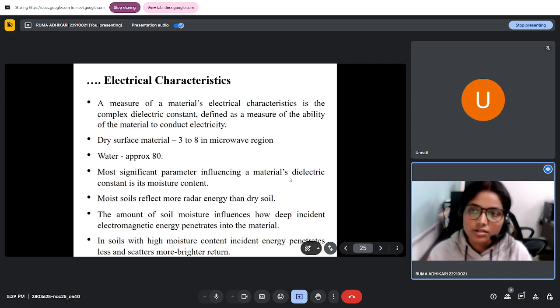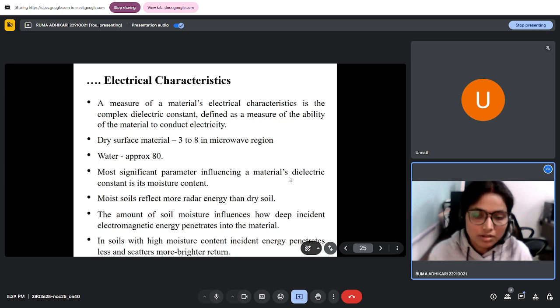A measure of the material's electrical characteristics is the complex dielectric constant, defined as a measure of the ability of the material to conduct electricity. Dry surface material has a low value in the microwave region, water approximately 80. The most significant parameter influencing a material's dielectric constant is its moisture content.